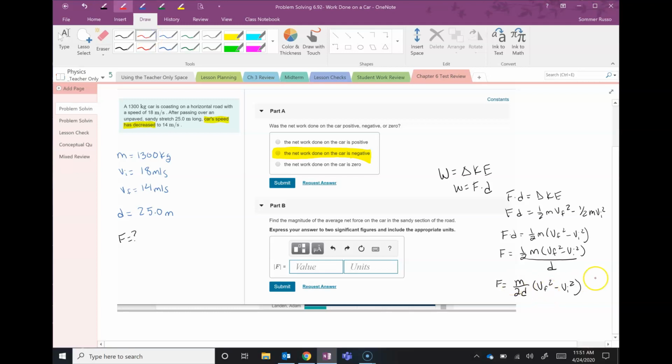I'm going to do this over here where I have more room. Now it's a matter of plugging it into our calculator.